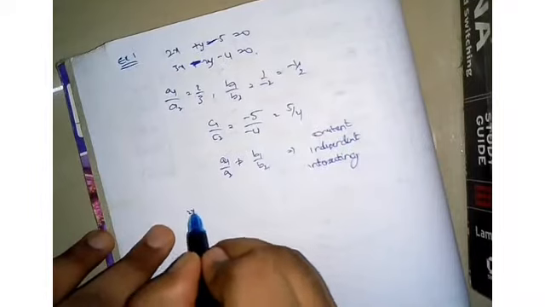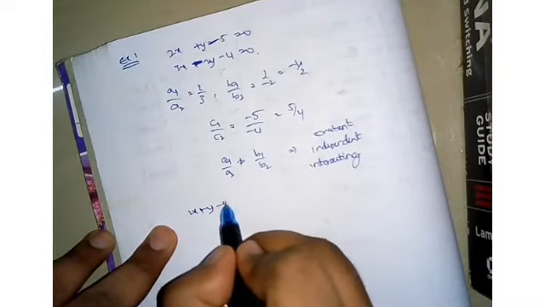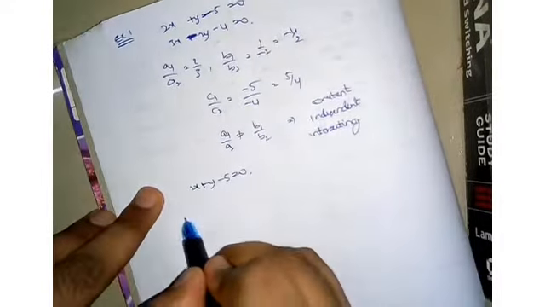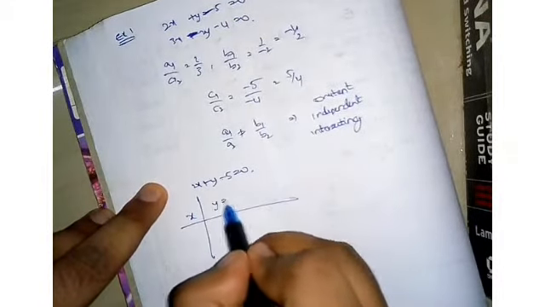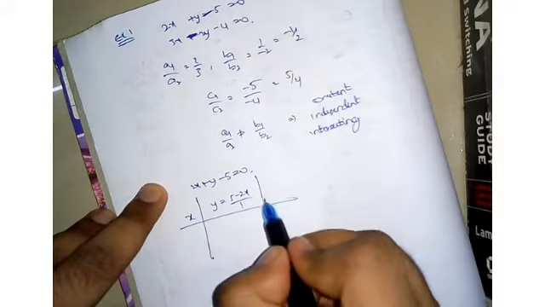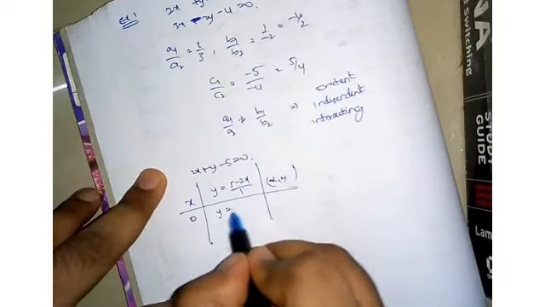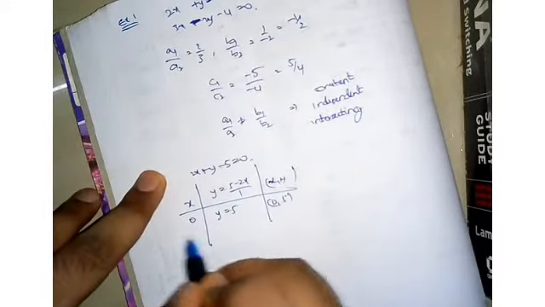For equation 2x plus y minus 5 is equal to 0, y will be 5 minus 2x. For x equals 0, y will be 5, so 0 comma 5.